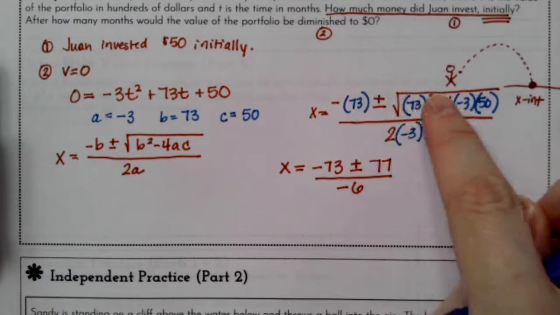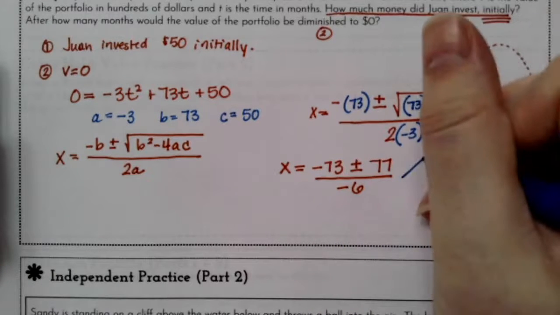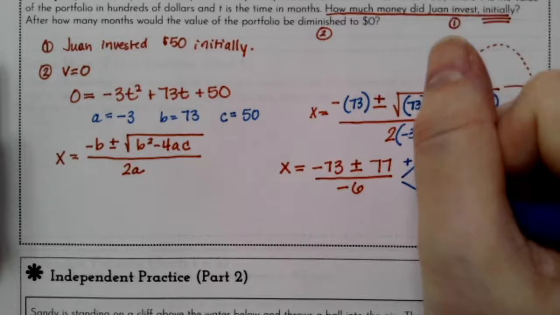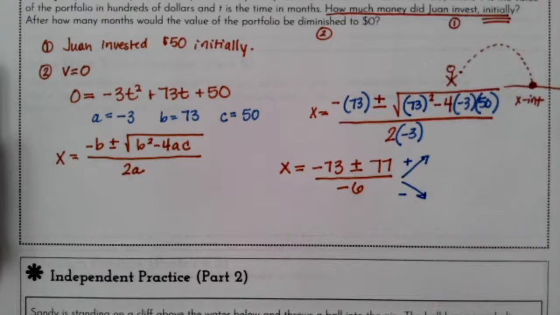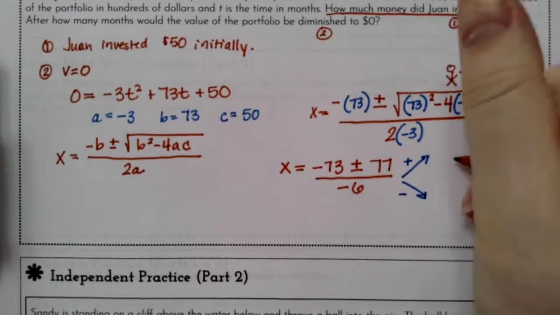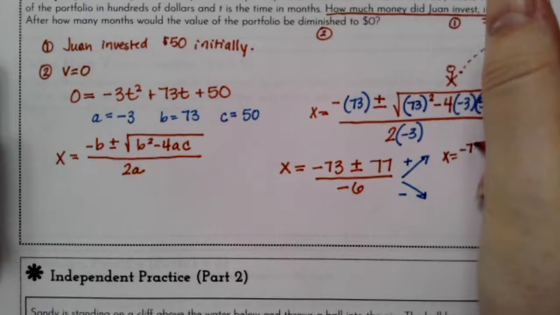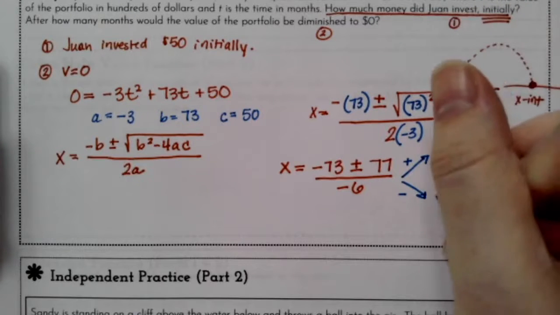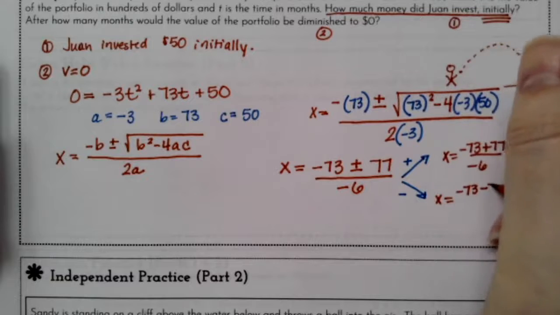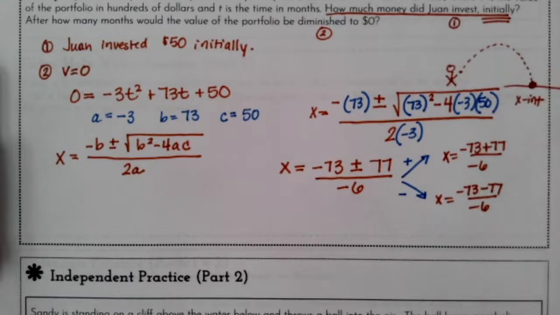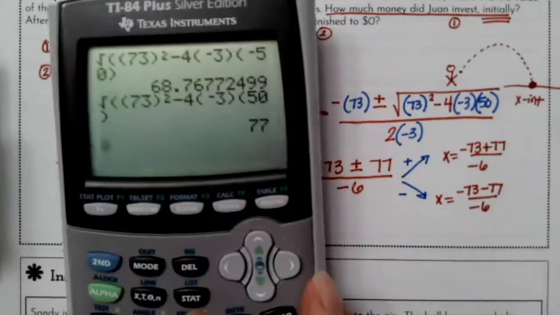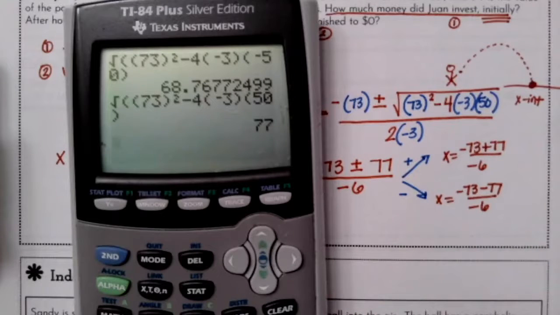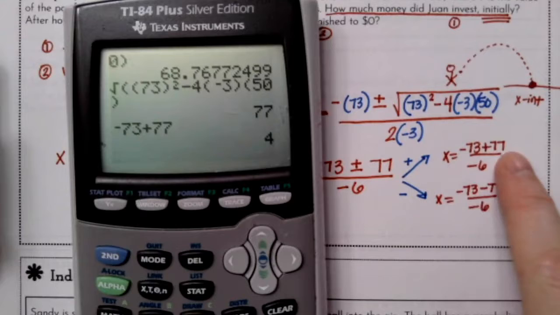And once we simplify in parts, we want to split it into 2 problems. Remember, we want to split it into a plus problem and a minus problem. So I get -73 plus 77 and -73 minus 77. For this first one, when I do plus, remember to hit equals after you do the numerator.